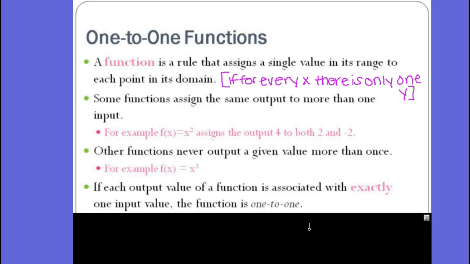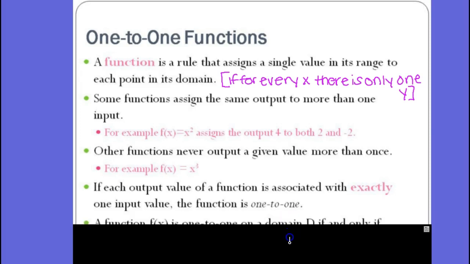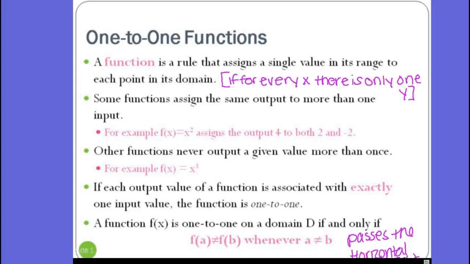A one-to-one function passes both the vertical and the horizontal line test. A function f of x is one-to-one on a domain D if and only if f of a never equals f of b when a does not equal b.